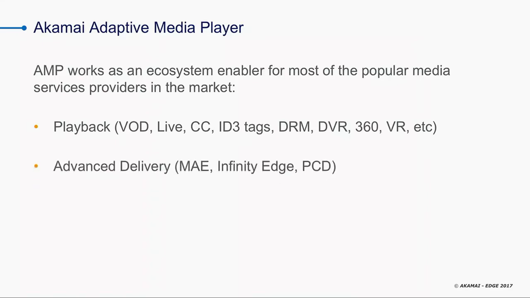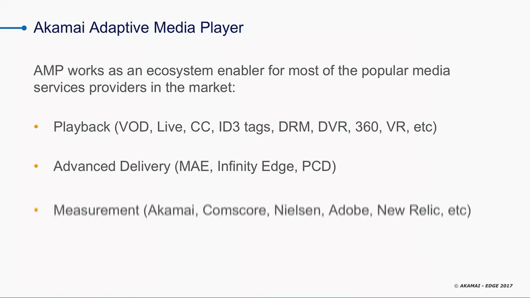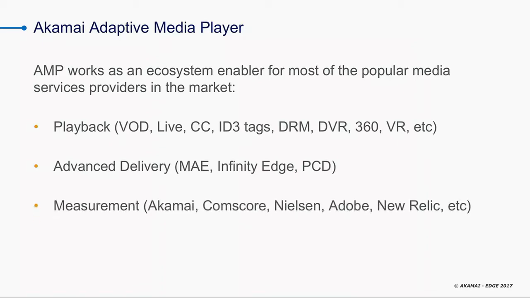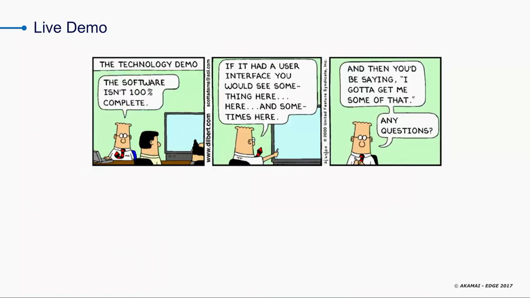We also have advanced delivery with the media acceleration and efficiency SDK. Measurement, so we of course support Akamai, but we also offer third-party solutions such as Comscore, Nielsen, Adobe, New Relic, and others. And last, we also offer monetization features with YoSpace, IMA, or FreeWheel. We will actually see YoSpace in this demo.